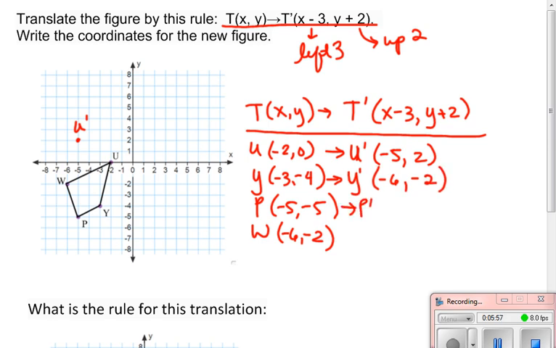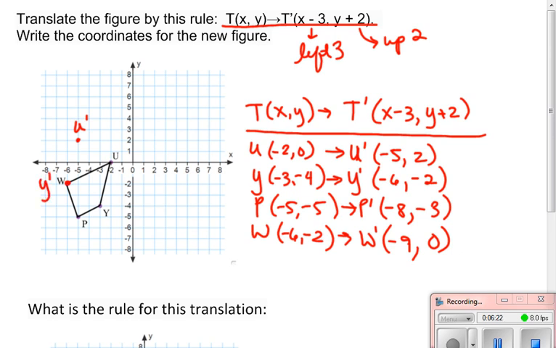P prime: -5 minus 3 makes -8, -5 plus 2 is -3. And W prime: -6 minus 3 is -9, -2 plus 2 is 0. And when I go over here to graph, (-6, -2), Y prime.